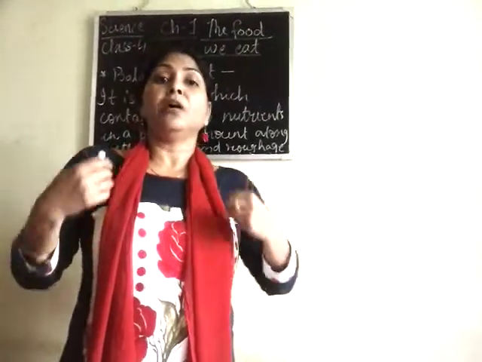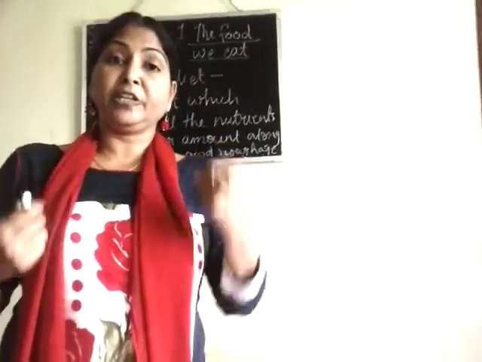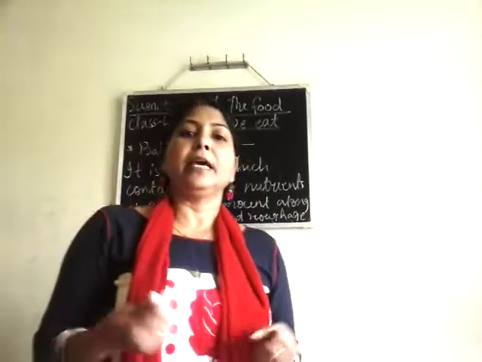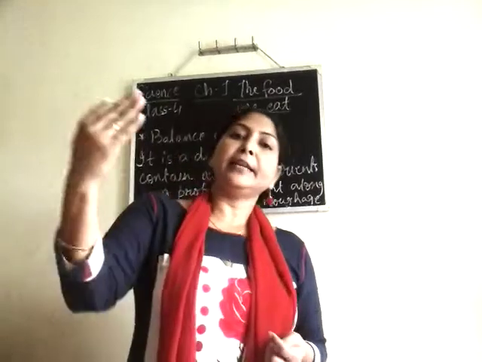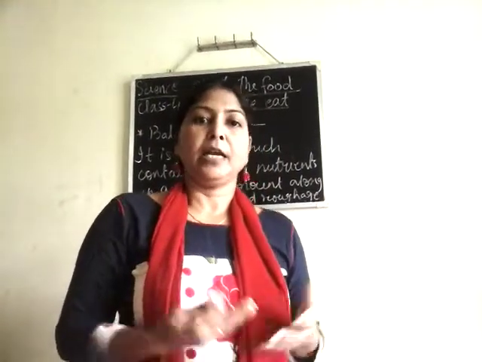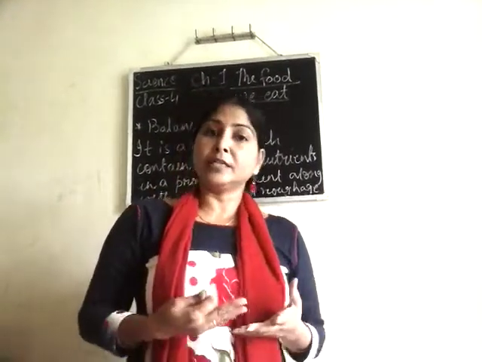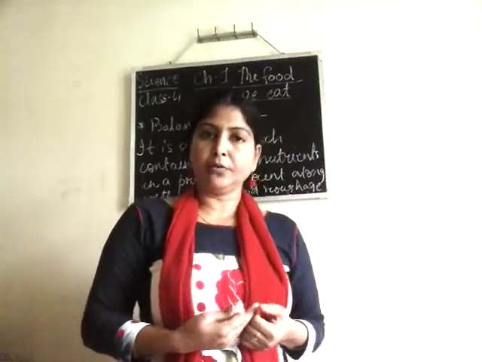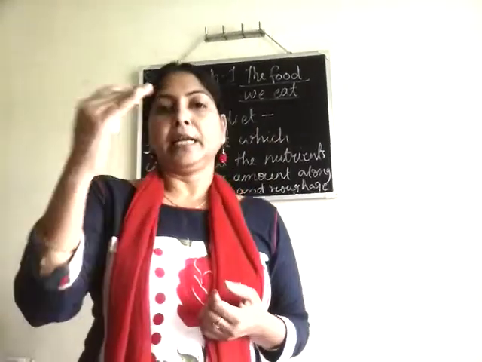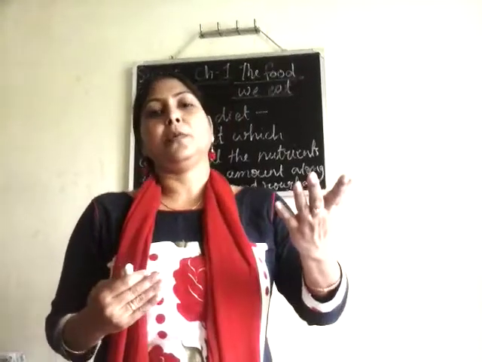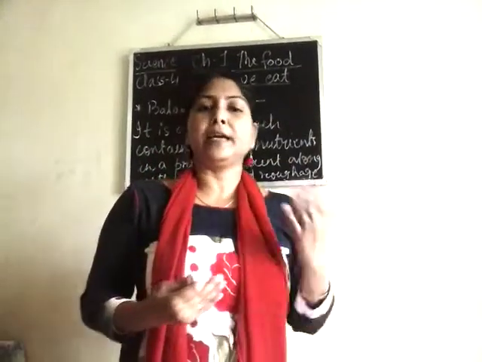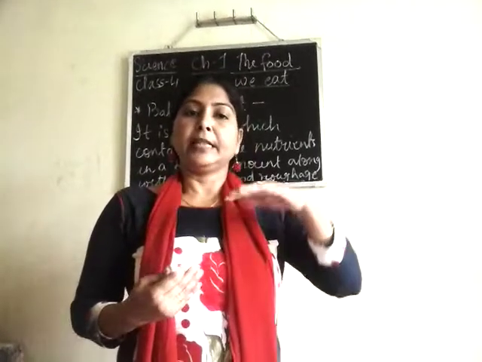We need to have more of vitamins and minerals, like fresh fruits and vegetables, so that they can protect us from different diseases. Then the next level is carbohydrate, which gives us energy.